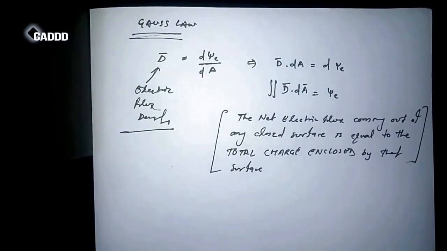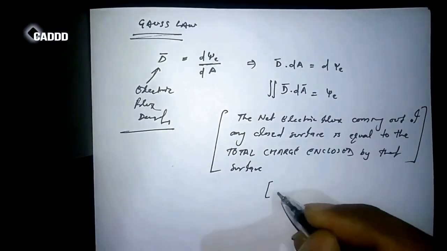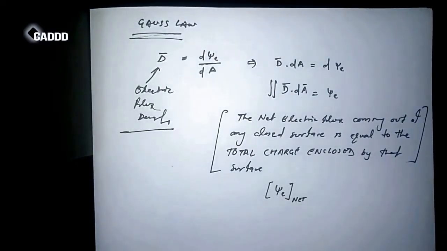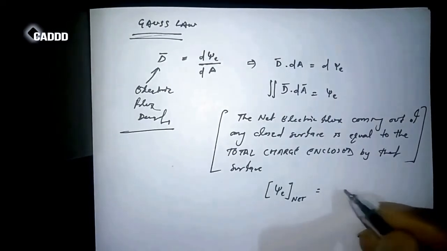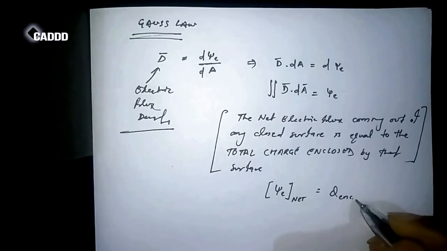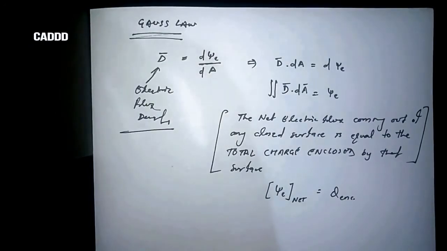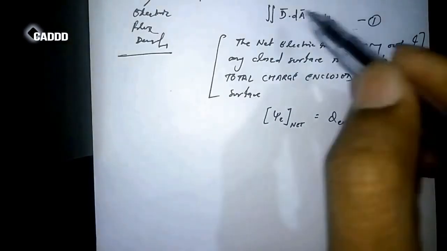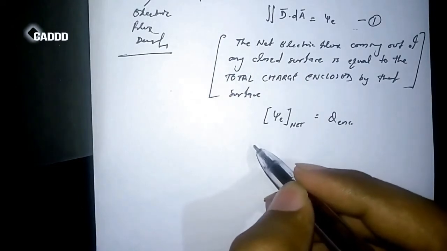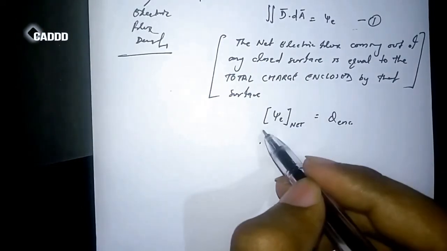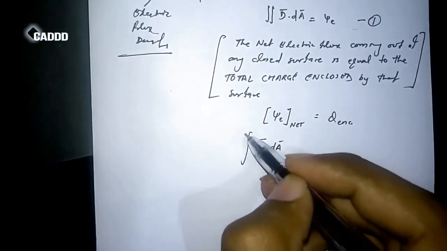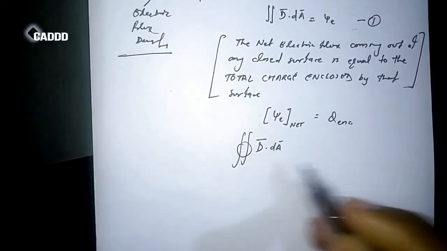So let's write it in the form of an equation, which will be more simplified. Let's say this is net flux, which is equal to Q enclosed, the charge enclosed. Let's say this is equation number 1. So let's use this equation here. We can write the closed surface integral.